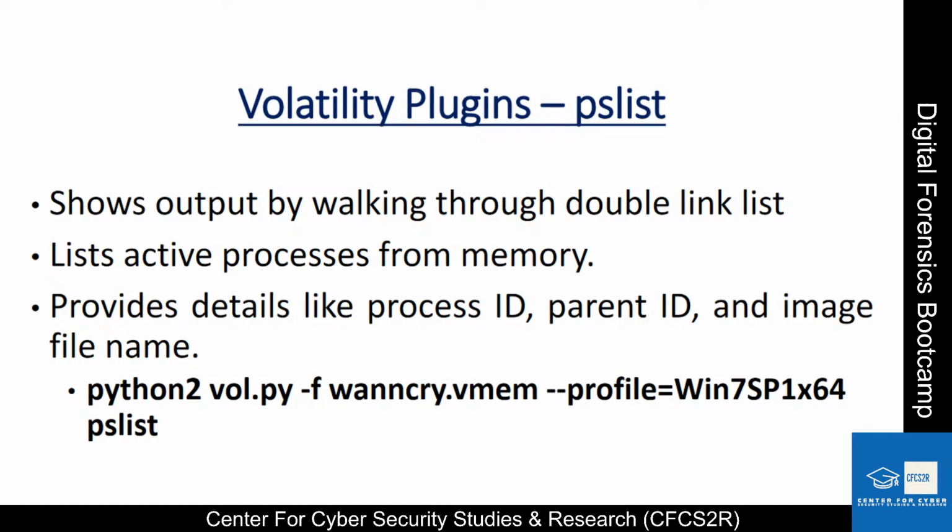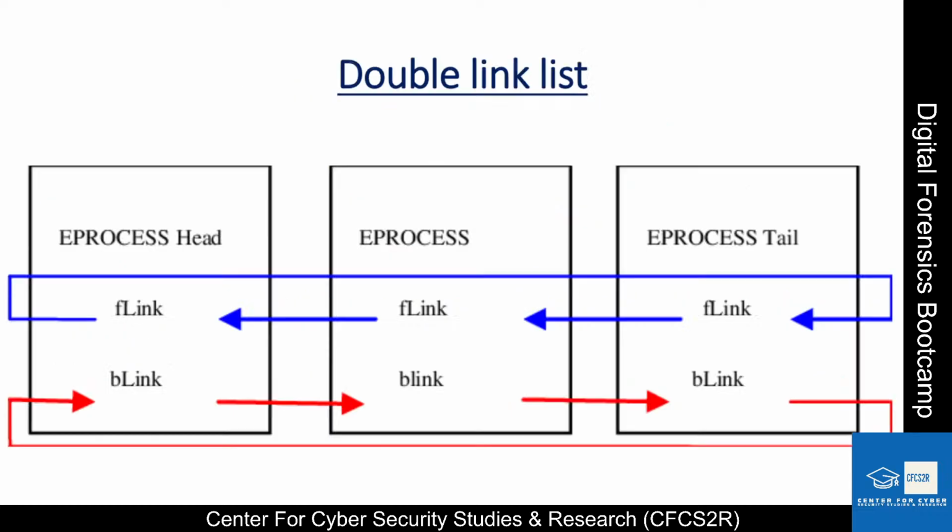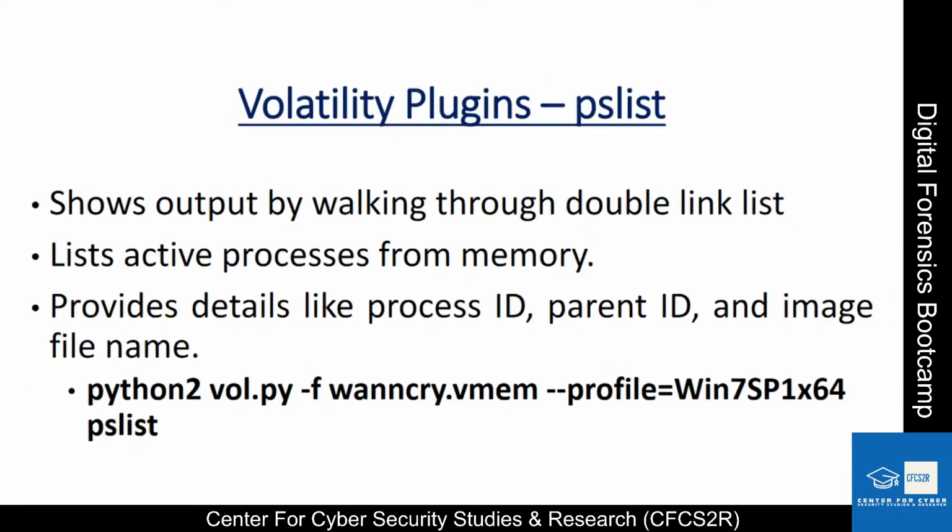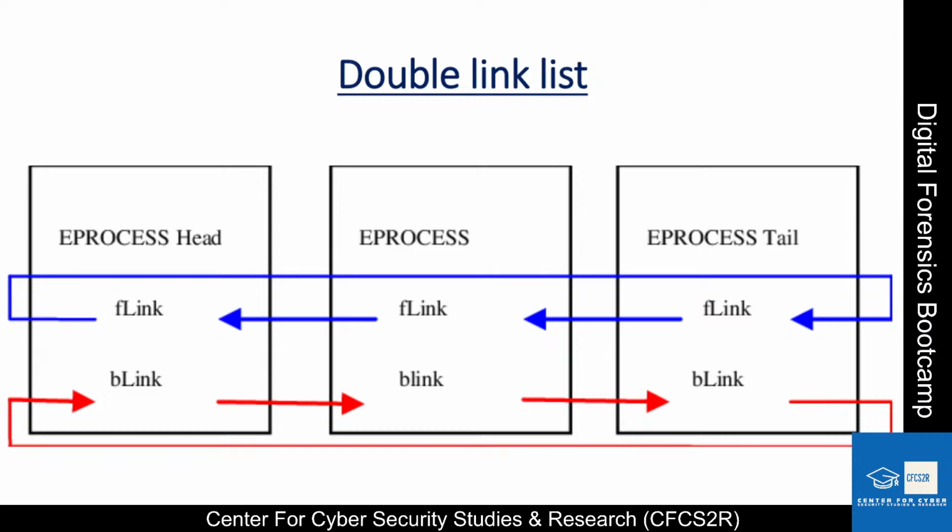There is a command that is available, and you can directly copy and paste it also. Let us understand the concept of a doubly linked list. Every process has a head and a tail, connected through a doubly linked list, with a forward link and a backward link.